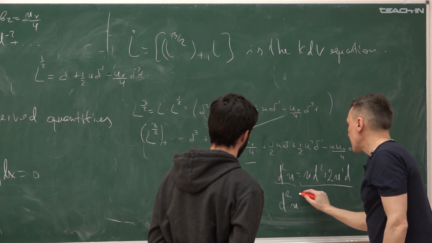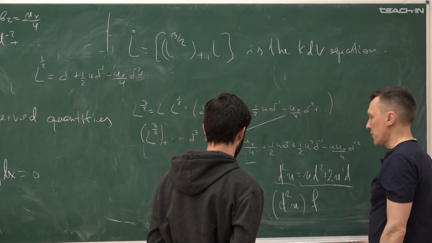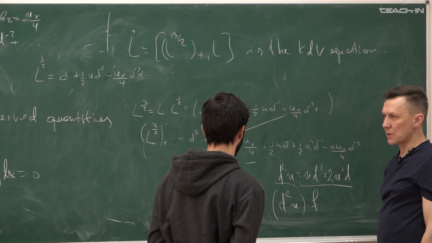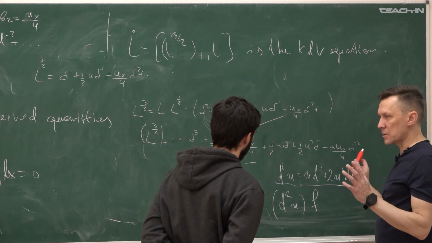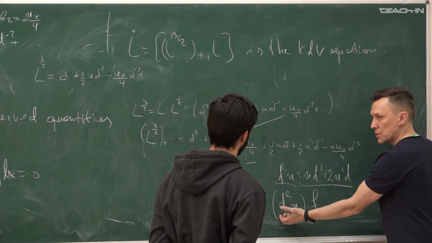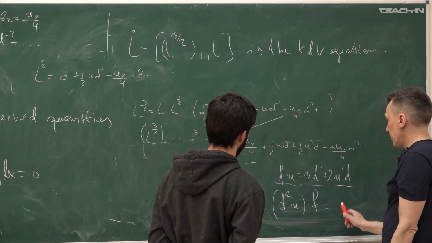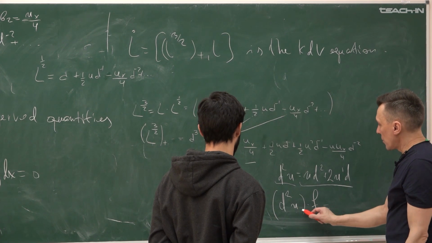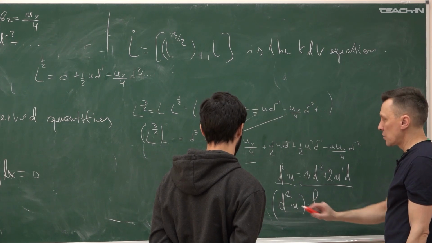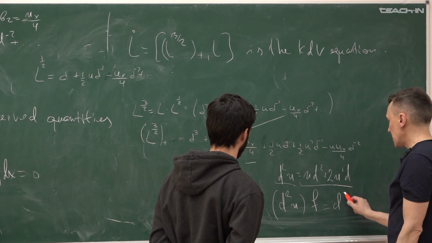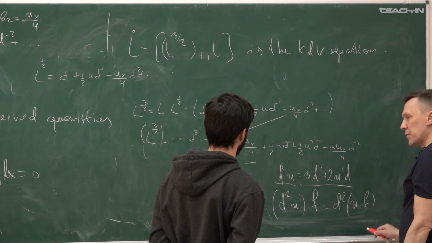If not, we have to apply this to a function f. So both of these are operators, and this is a function. So we apply differential operators to some function. And this is the same as you apply u at first, and then you apply differential. So it's d squared of u f.